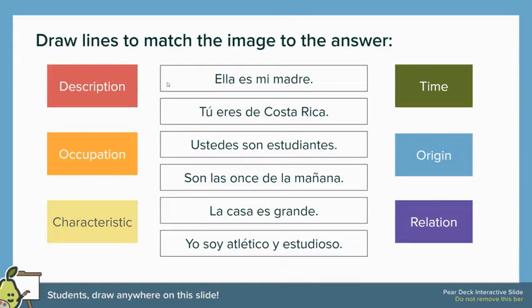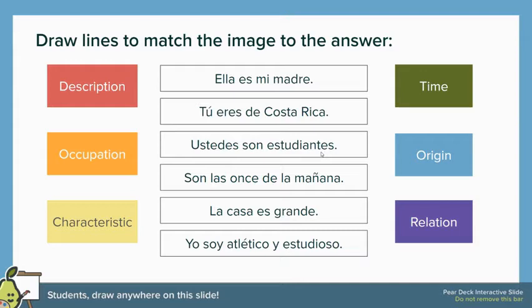So you should have identified La casa es grande. For occupation, take a minute to read through those. I'll give you a second, or you can pause as well. You should have identified the sentence that says, ustedes son estudiantes. You all are students. Students is your full-time job.